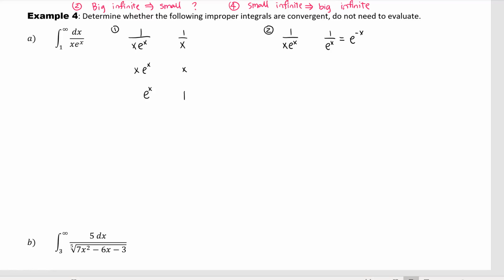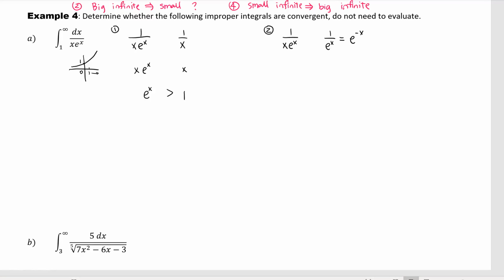Remember that x goes from 1 to infinity. What does e to the x look like? Like that, right? At 0 it is 1. So when x goes from 1 to infinity, e to the x is greater than 1.